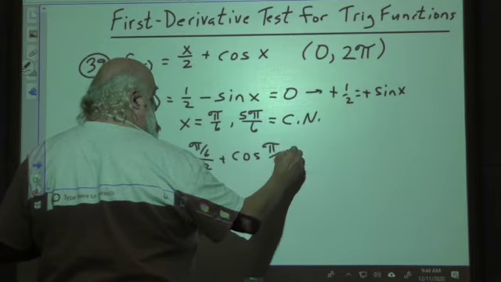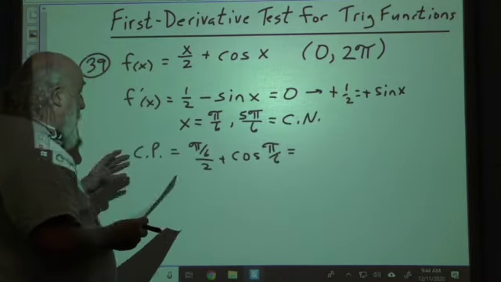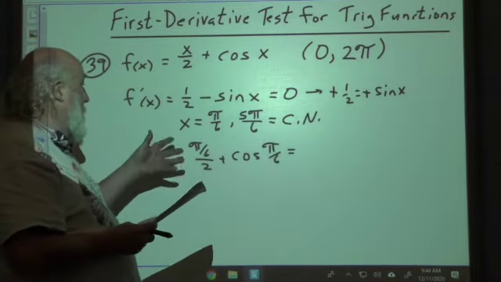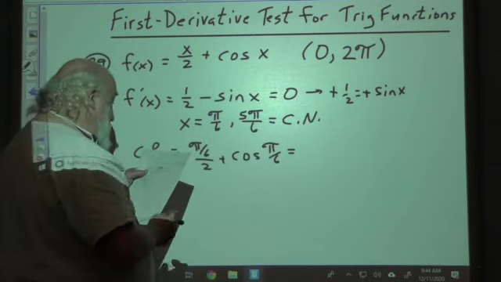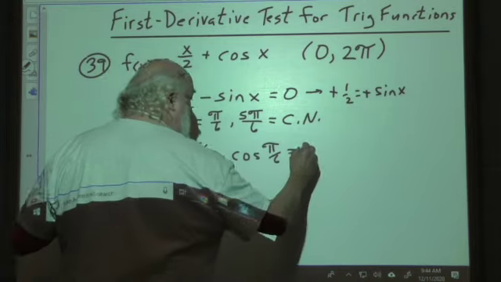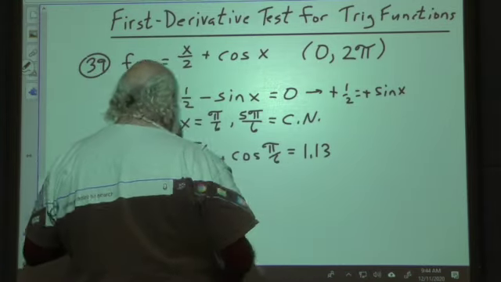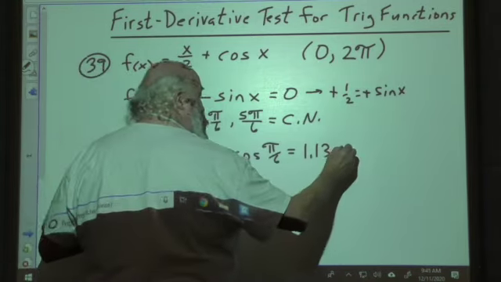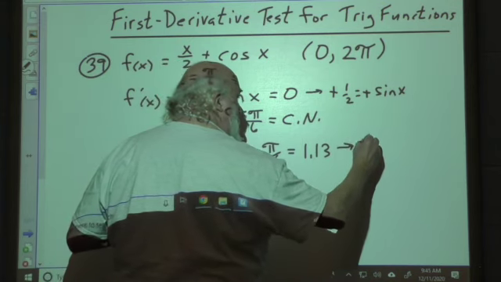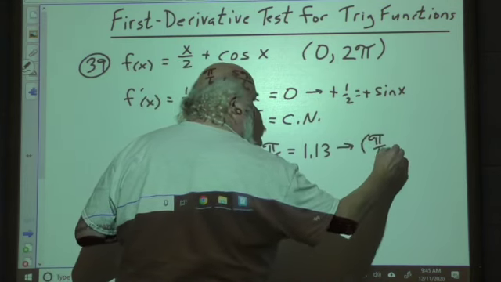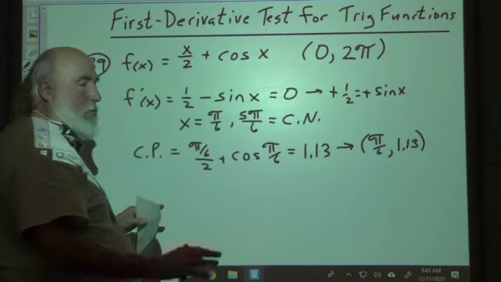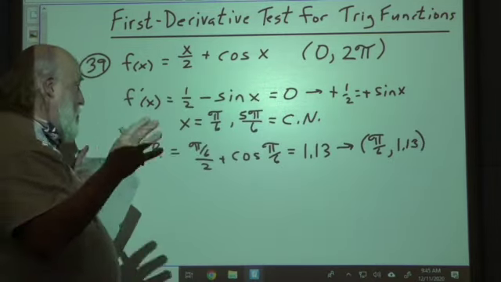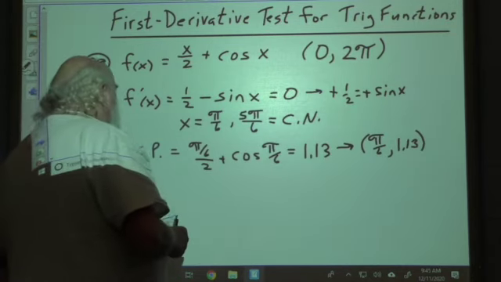Plug that in your calculator, and the y value for the x value of pi over 6 is 1.13. So the critical point becomes pi over 6 and 1.13. If you want to put that in decimal form, you don't have to, but that's fine.